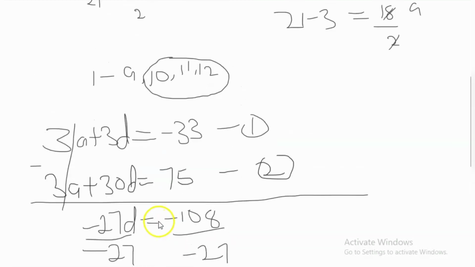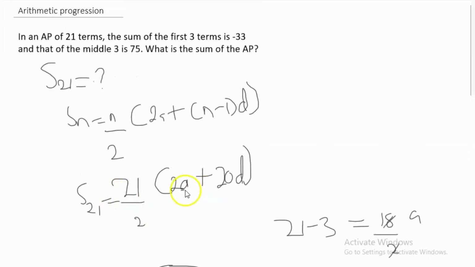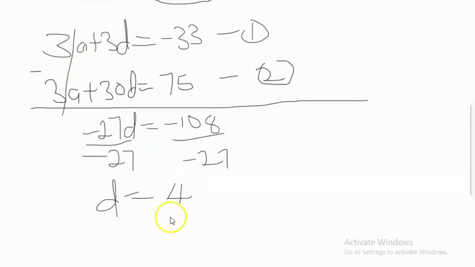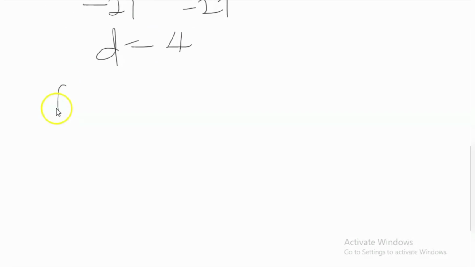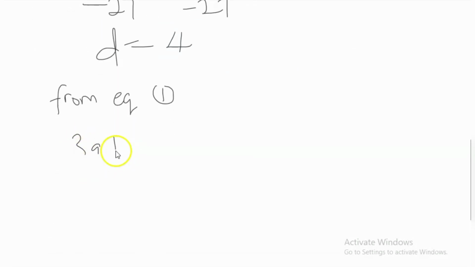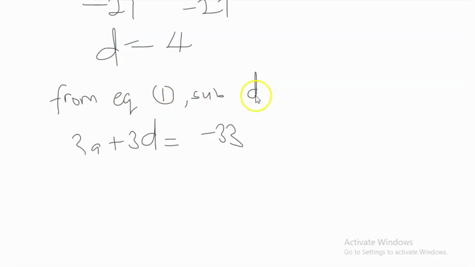So now we need to find our a, because remember, we need to have a and d to be able to solve this question. All we need to do to find our a is simply put 4 into d, and we'll have just one unknown, which is a. So from equation 1, which is 3a plus 3d equal to minus 33, we substitute d.